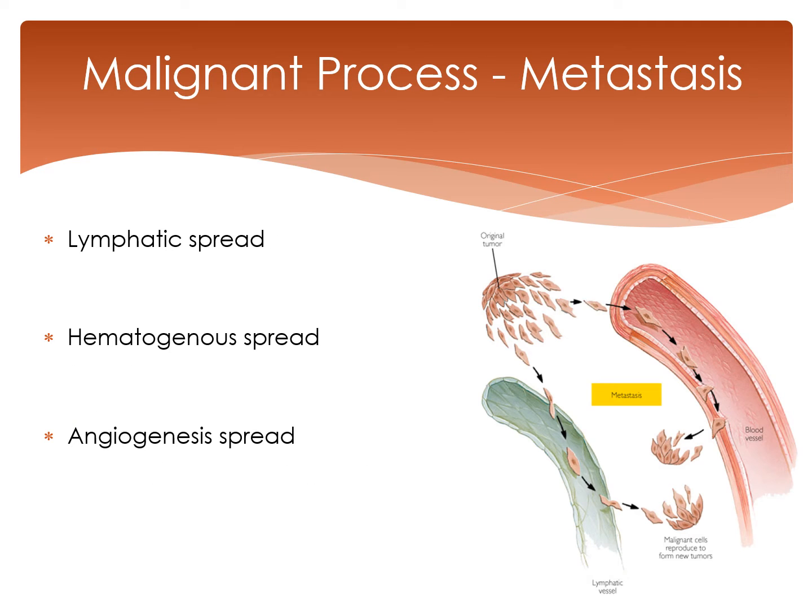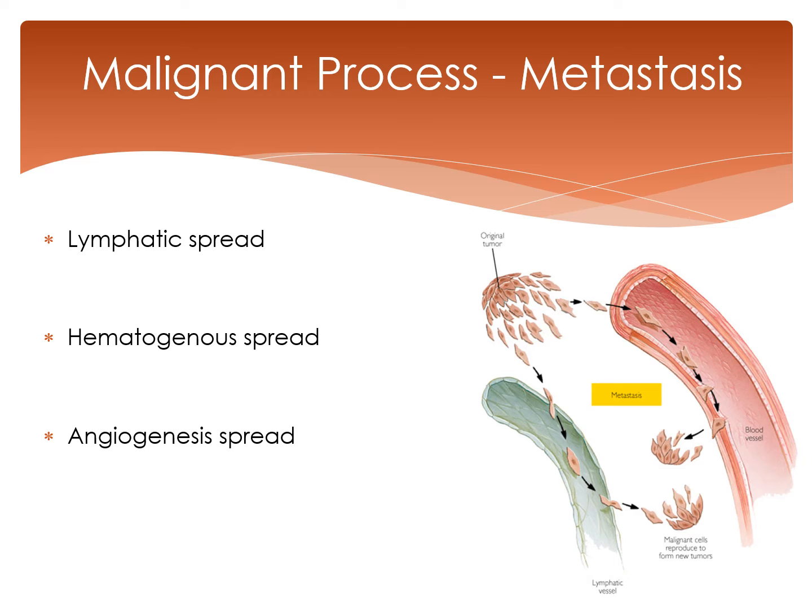Here are the three ways that malignant cells spread. The first is lymphatic spread. Lymphatic spread is the most common way that malignant cells spread, in interstitial fluid and lymph nodes.